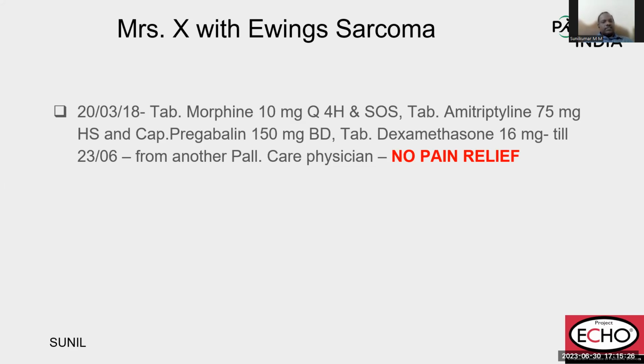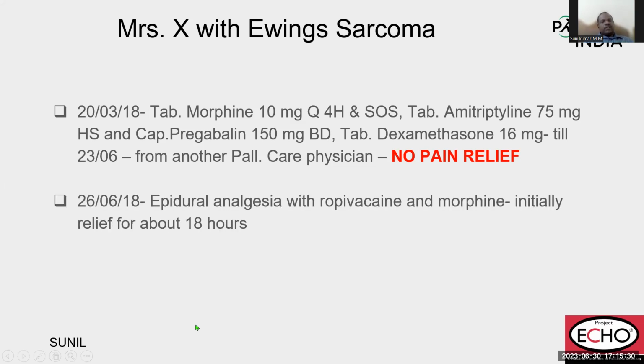And for this palliative care physician, he was an anesthesiologist. So he put him on epidural analgesia with ropivacaine and morphine. Initially, this patient had some pain relief for about 18 hours, but then the pain started increasing.